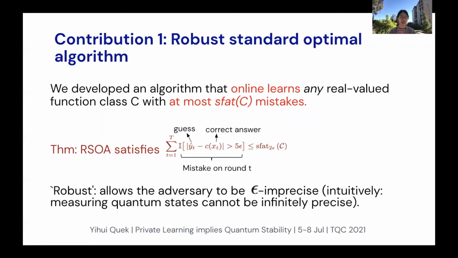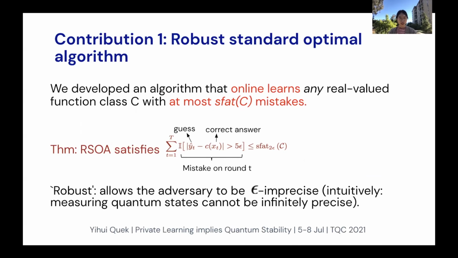So basically our theorem says that in big T number of rounds, our algorithm satisfies that the number of times the guess exceeds the correct answer by more than 5 epsilon is at most SFAT of C. And of course, exceeding the correct answer by more than 5 epsilon is the definition of making a mistake.